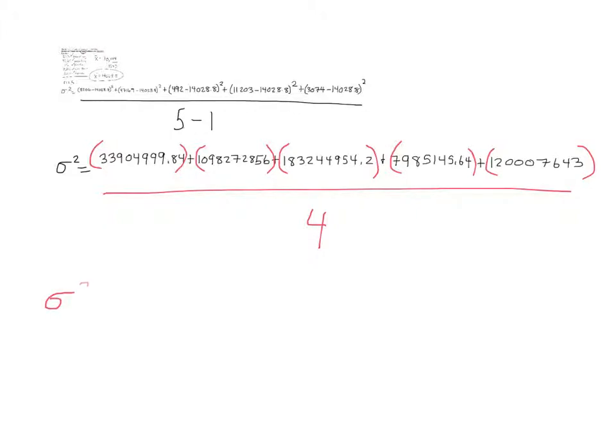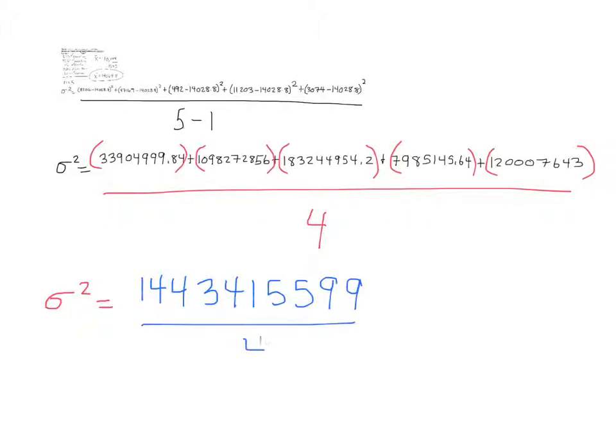So my variance equals, now I need to add up all these values on top. If I were you, I'd pause the video and I'd add them all up. And so when I add all 5 of these on top, I get 144,341,5599, and I need to divide that by 4.